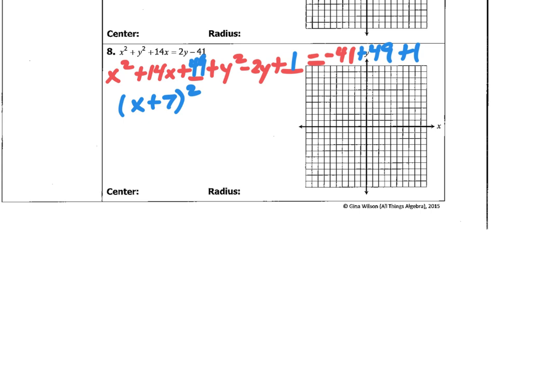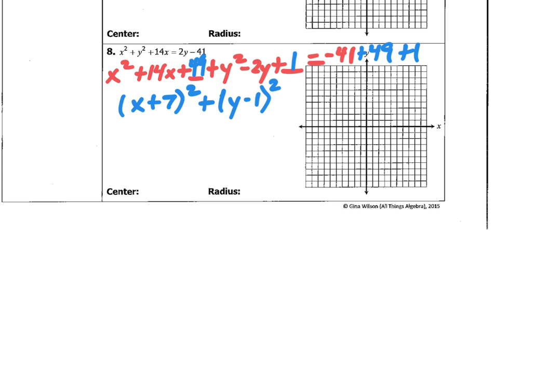It should make both of these numbers work. But it's simply the number that I get when I divide by 2. Over here, when I took negative 2 divided by 2, this is where you've got to be careful. Watch your signs. This would be y minus 1 squared, because negative 2 divided by 2 would be negative 1.